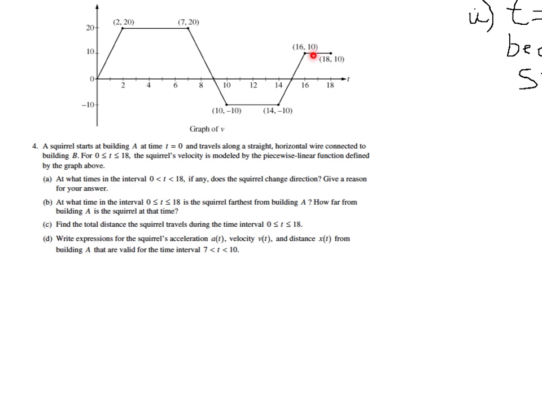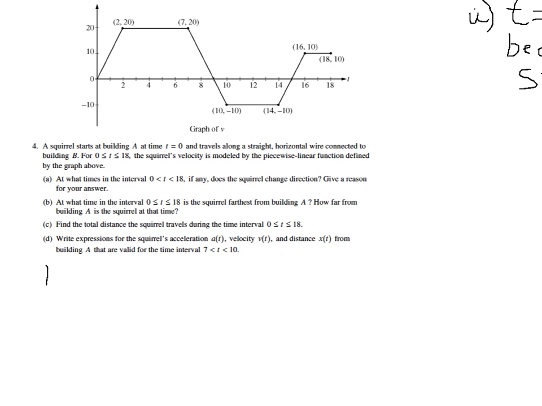So clearly he has not yet accounted for how far back towards the building he went. So he is farthest away from the building at time equals 9, because after there he goes back towards the building, and even at the end when he does start going away again, he doesn't make up for the distance he went back.